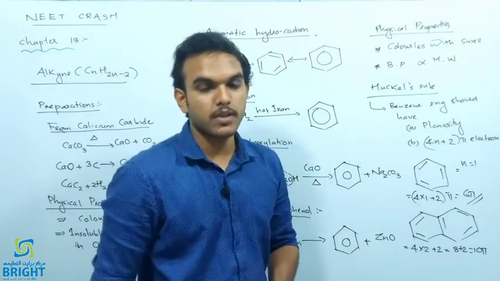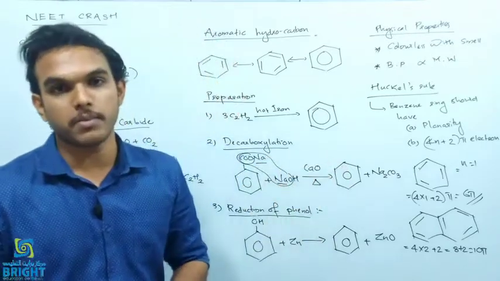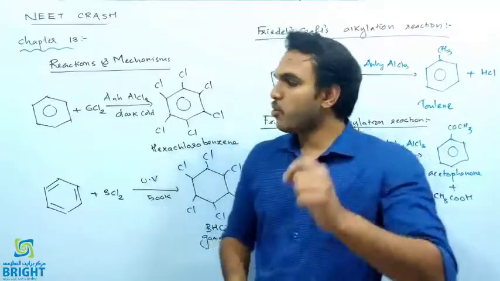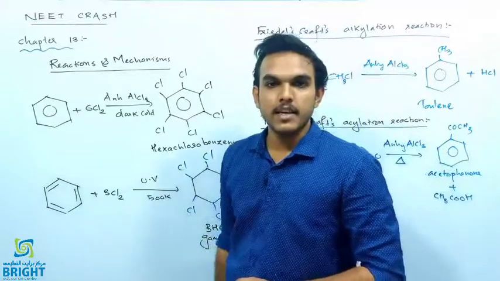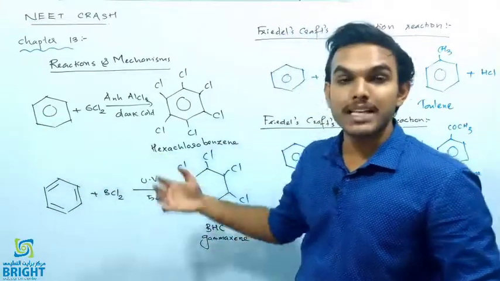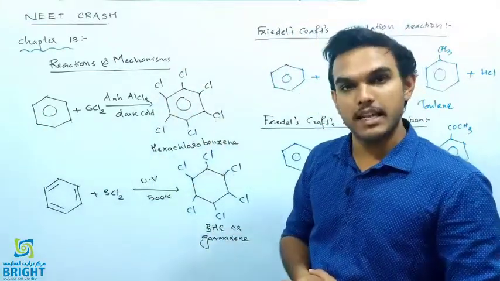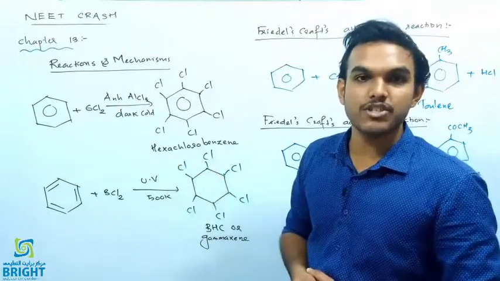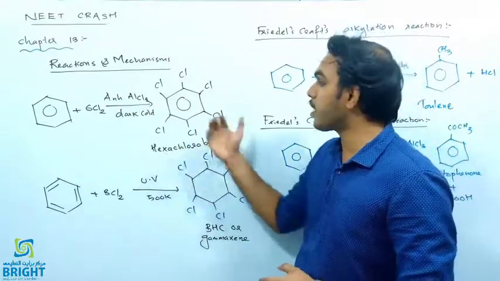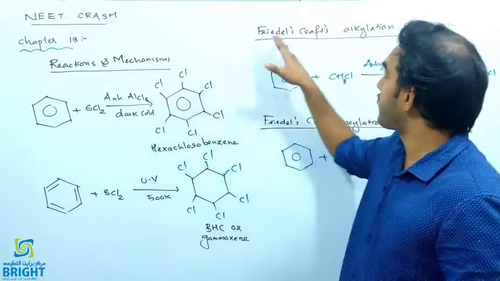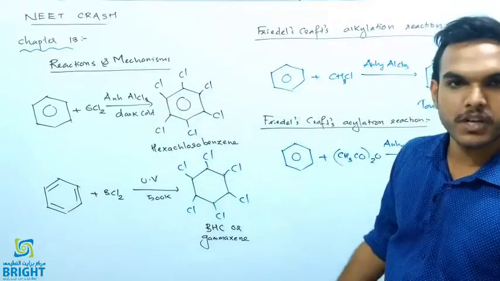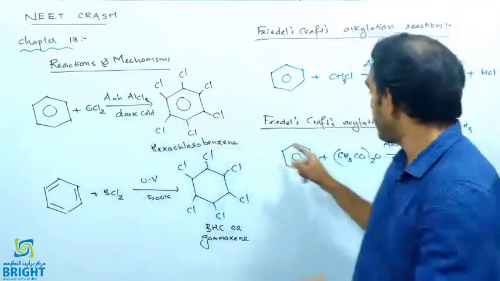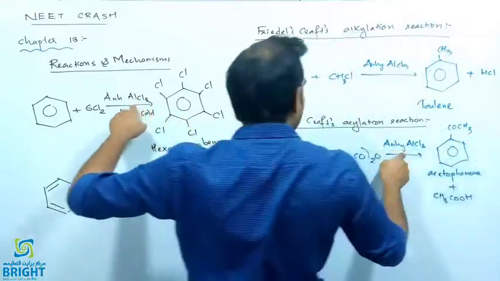Okay, so let us look at some of the reactions of these aromatic hydrocarbons. In the case of benzene, if benzene reacts with chlorine in the presence of anhydrous AlCl3, that is a Friedel-Crafts type reaction, so it will become hexachlorobenzene. Benzene reacts with chlorine in the presence of anhydrous AlCl3.